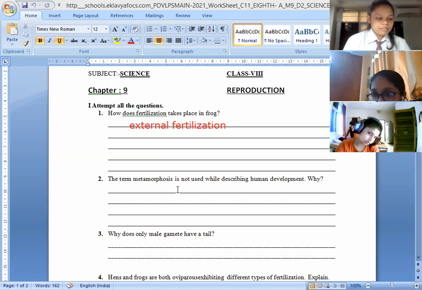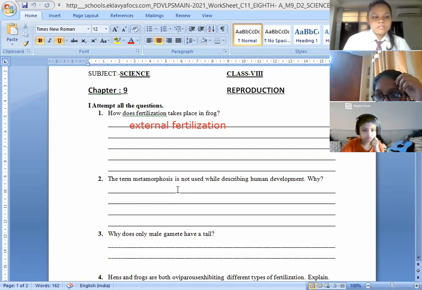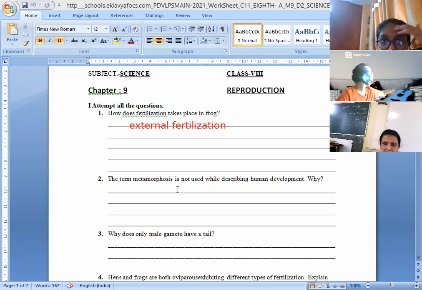But why does it not take place in humans? Because humans do not go through drastic changes. The newborn baby just develops. He or she just grows. There are no drastic changes as in a few animals, like the frog and insects like mosquitoes and butterflies.